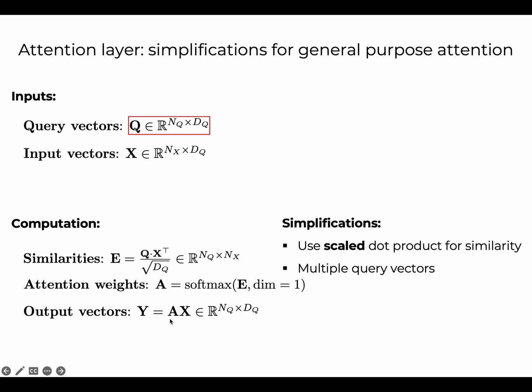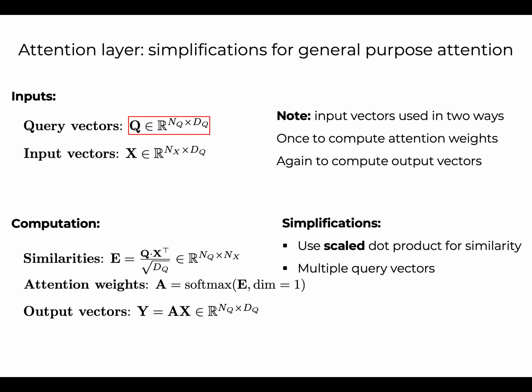We now multiply the attention weight matrix by the input vectors, and that does all of those outputs in one matrix multiply. So this is really efficient. Matrix multiplications can be done very efficiently on a GPU, and that makes it ideal for use within a neural network.